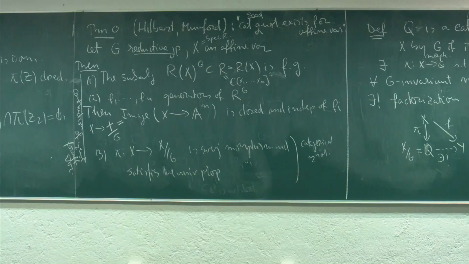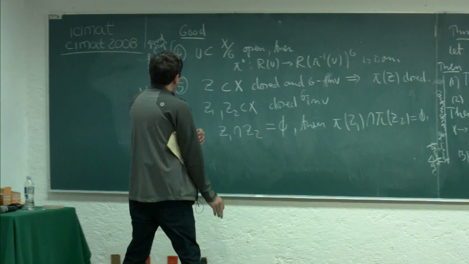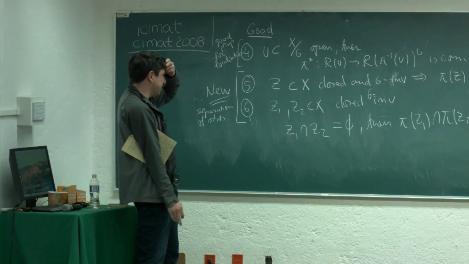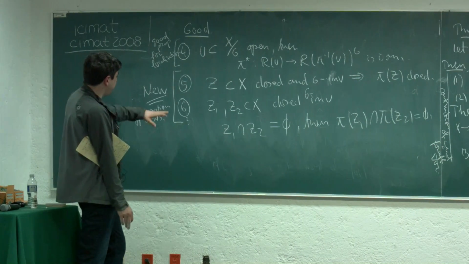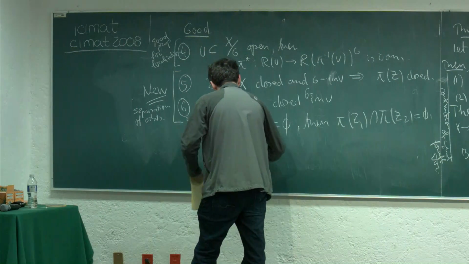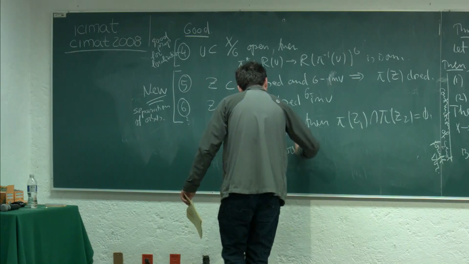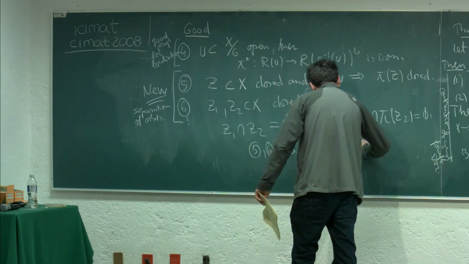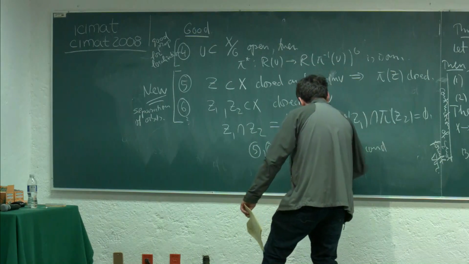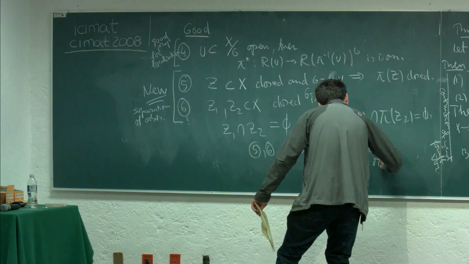Okay, that's a good question, in the sense that you see that 5 and 6 are weakenings of the condition that fibers are equivalent to orbits.